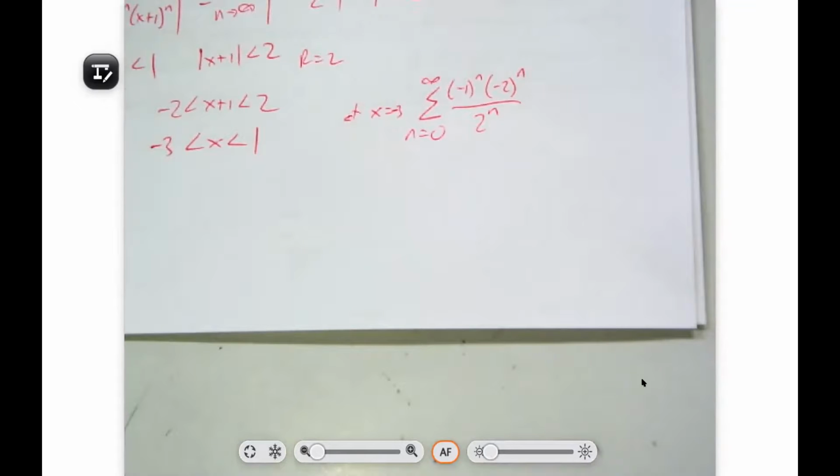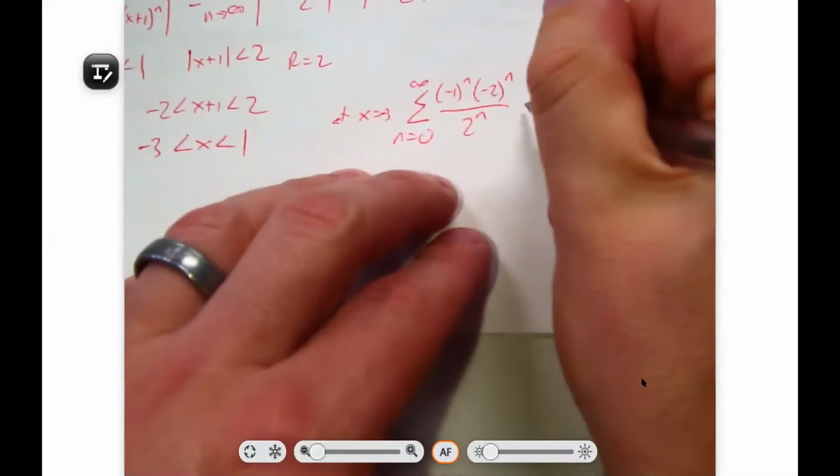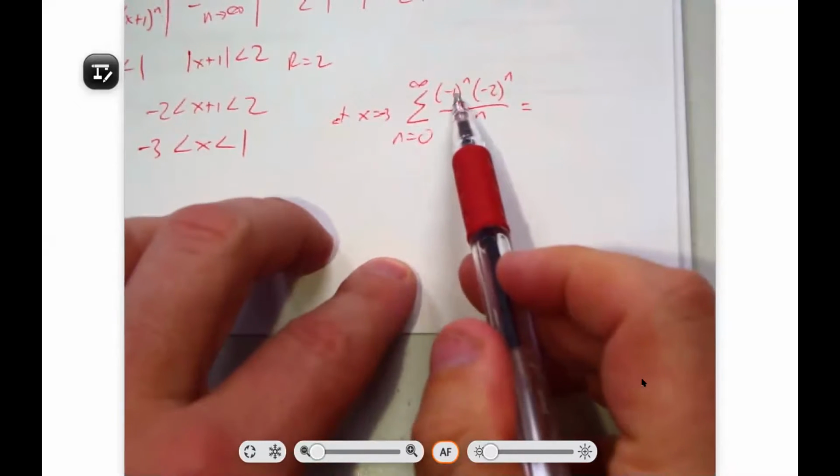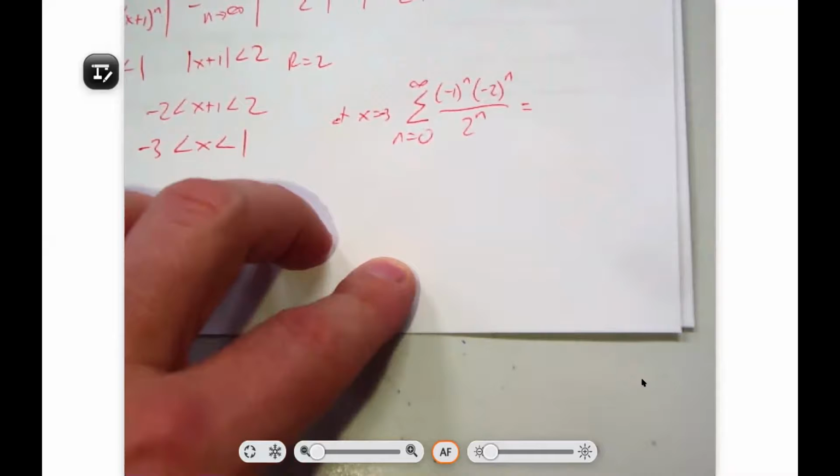Anybody know what -1 to the n times -2 to the n equals? 2 to the n. So -1 to the n times -2 to the n is just 2 to the n. So we have 2 to the n over 2 to the n. Those cancel. That's just 1.